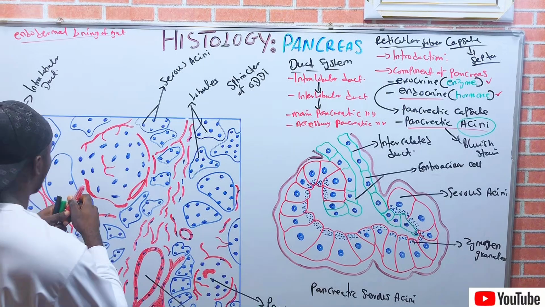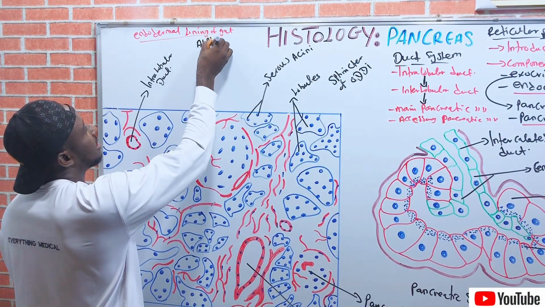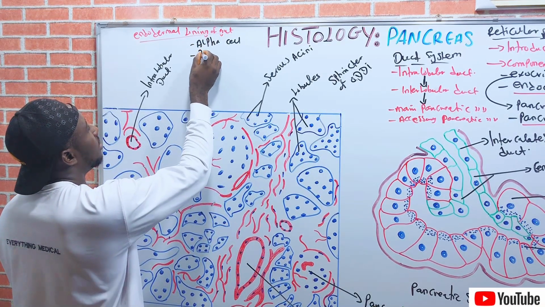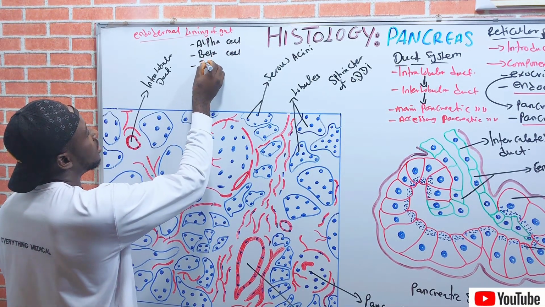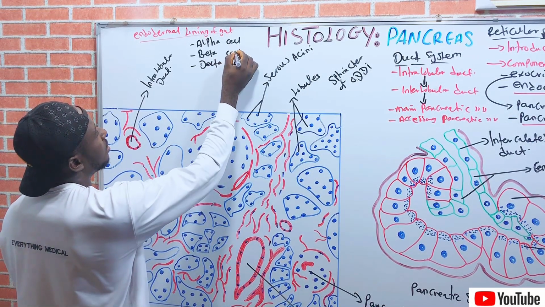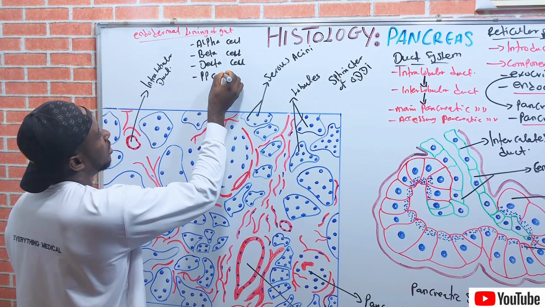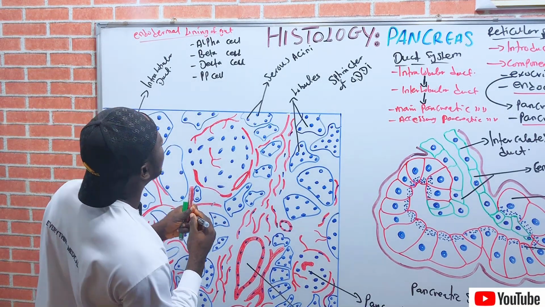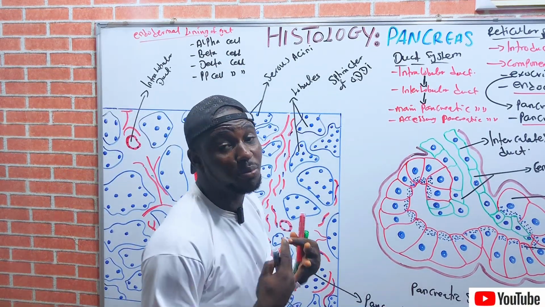We have the alpha cell, the beta cell, the delta cell, and the PP cell. These are the cells responsible for hormonal production in the pancreas.